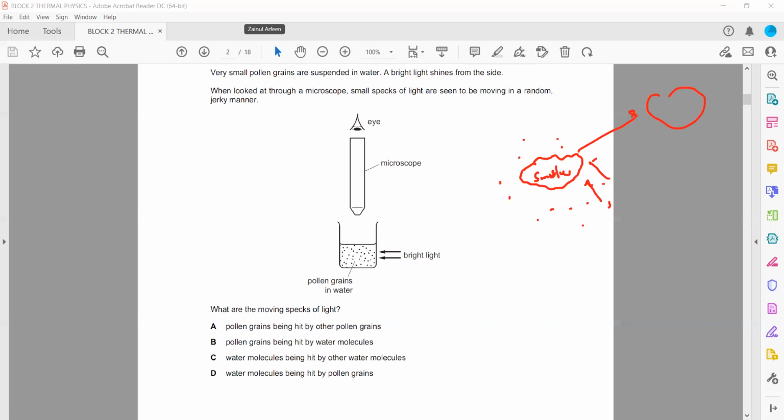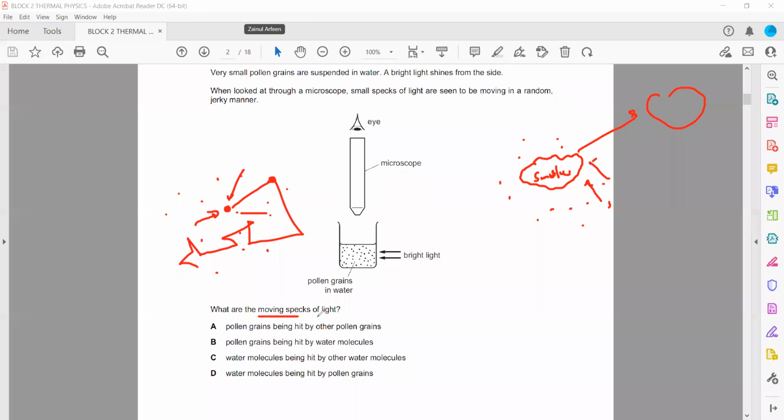Water molecules are not visible, but we can see the pollen grains. So when these water molecules hit the pollen grain, it will move randomly and change direction, which we call Brownian motion.